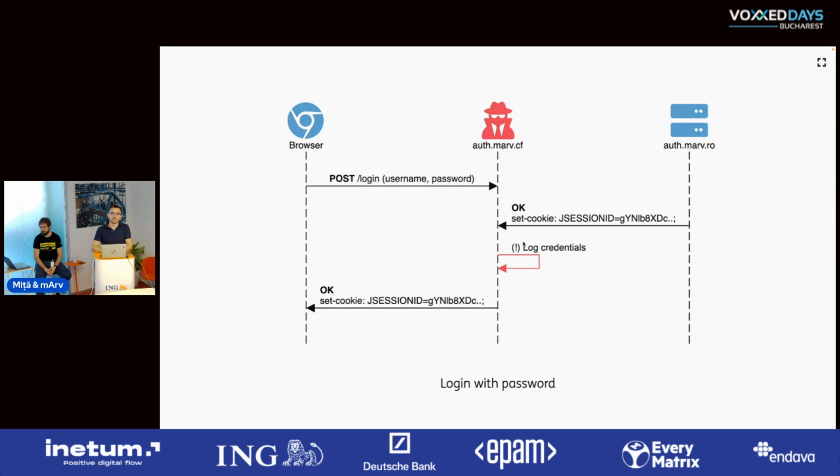So the end user, if he's tricked into accessing the wrong domain, he will actually use the real application via the evil machine. So if I'm authenticating, that means that I'm exposing my credentials, and someone can log those credentials and then log in as myself in that application.